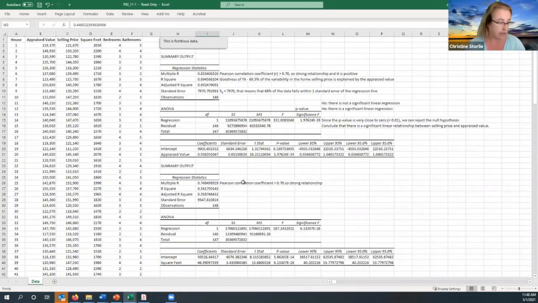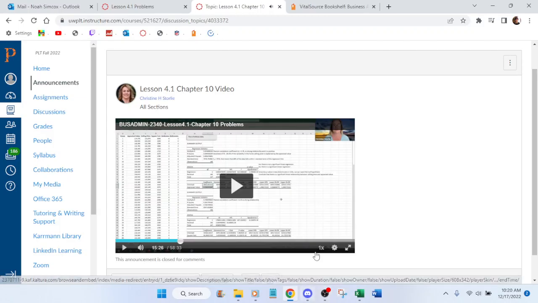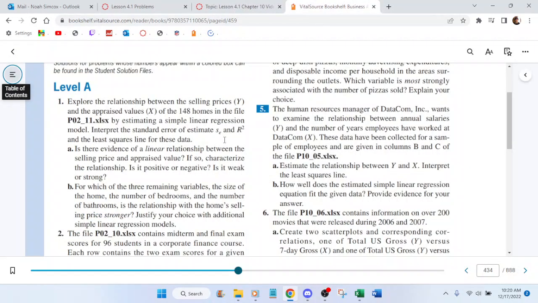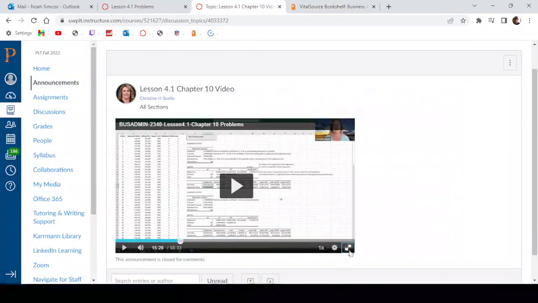Oh, I'm sorry. The last thing that they said was to interpret the regression line. Here's a regression line. Wait a minute, where? Interpret the least squares line.